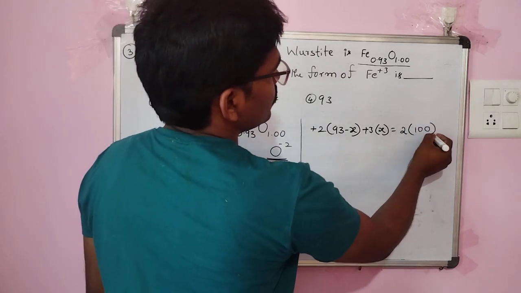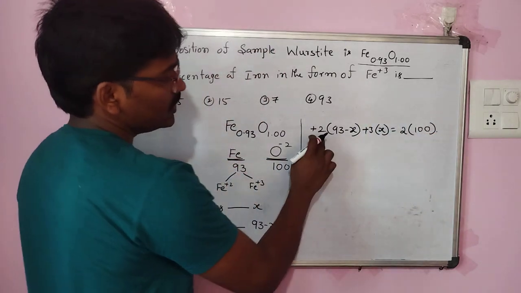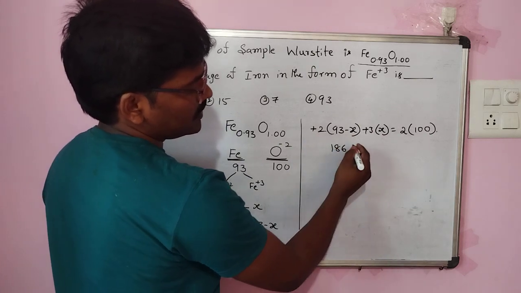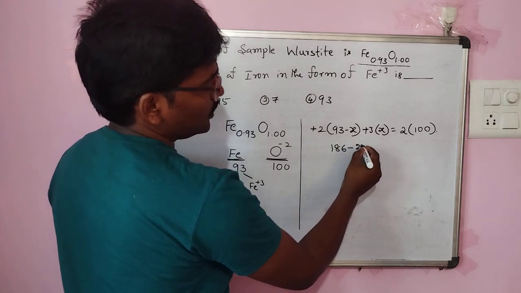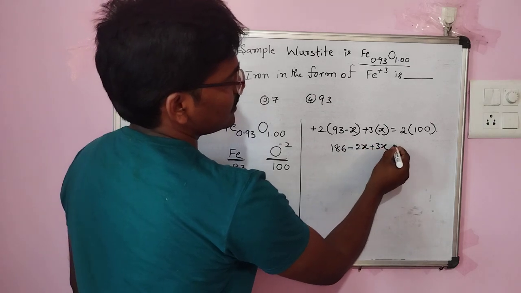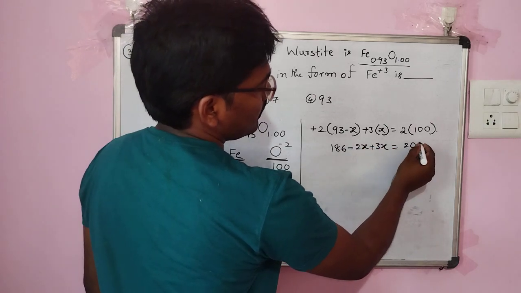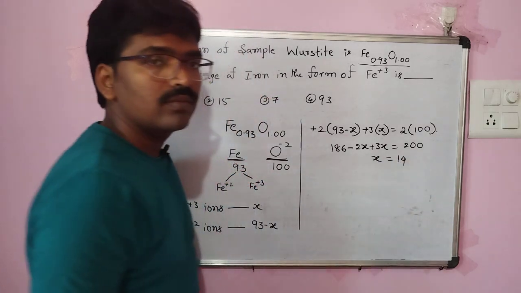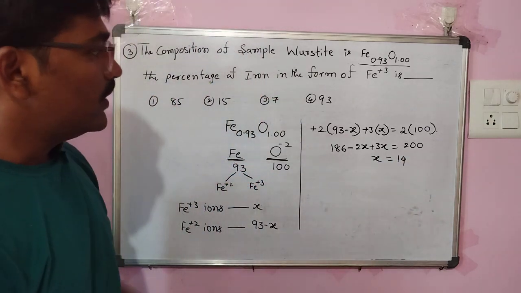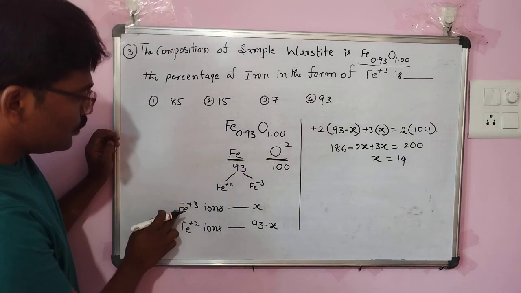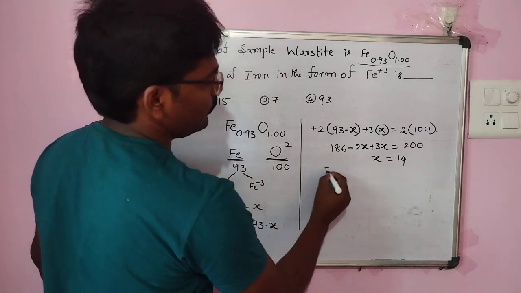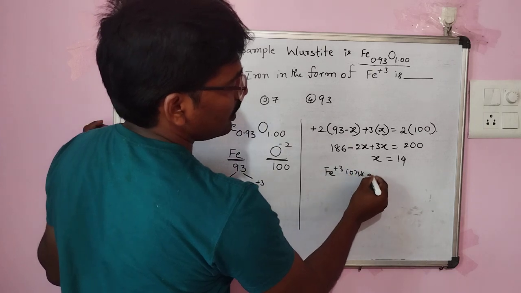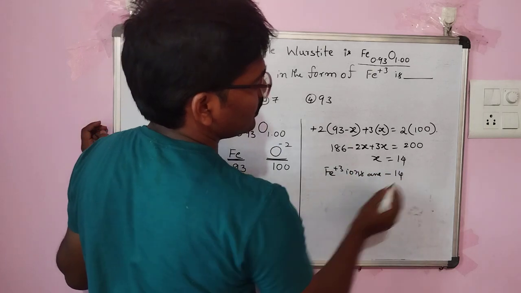If you do this, 186 minus 2x plus 3x equals 200. From this, if you calculate x, you get 14. So 14 are Fe plus 3 ions.